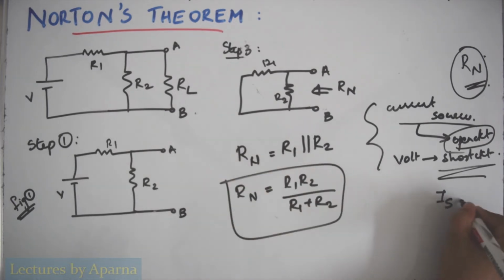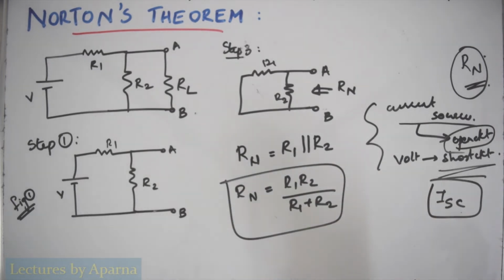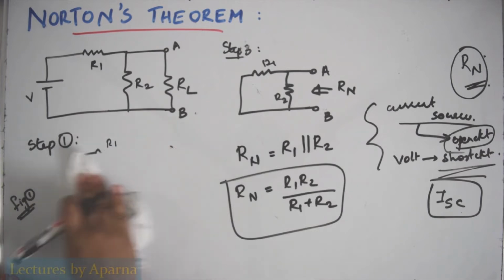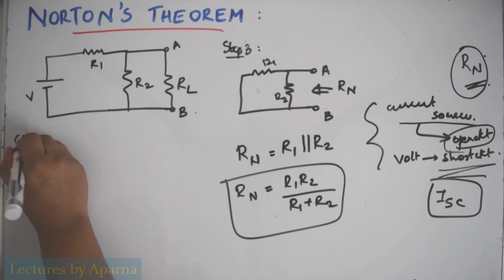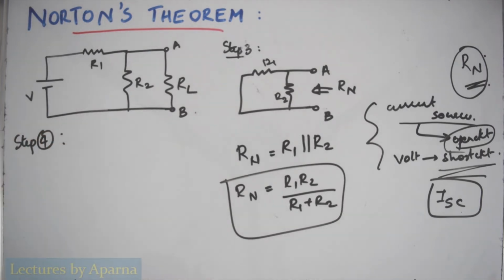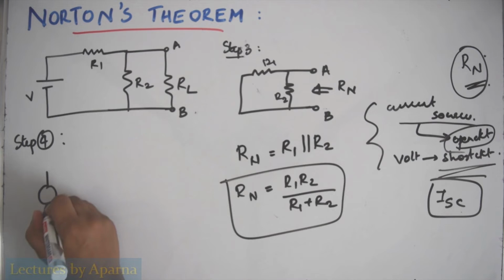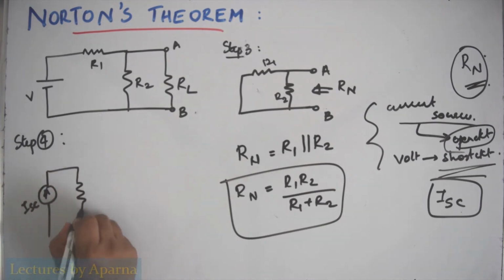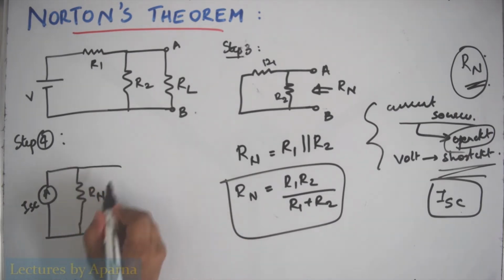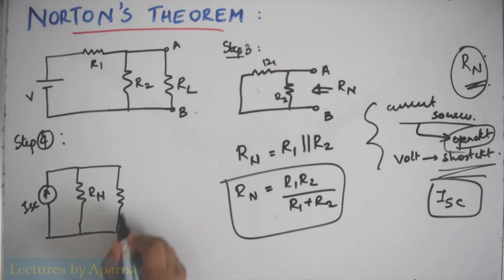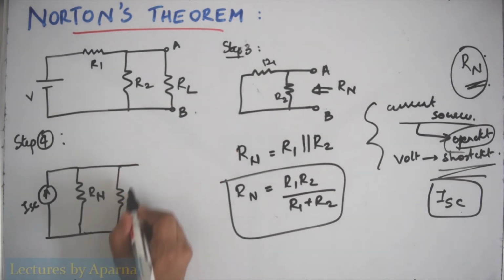I am having this ISC value also. Now I can draw the Norton's equivalent circuit. So the Norton's equivalent circuit for this circuit, which is step 4, you have to connect the current source ISC parallel to the Norton's resistance, which is this value, and then connect the load resistance that we removed.